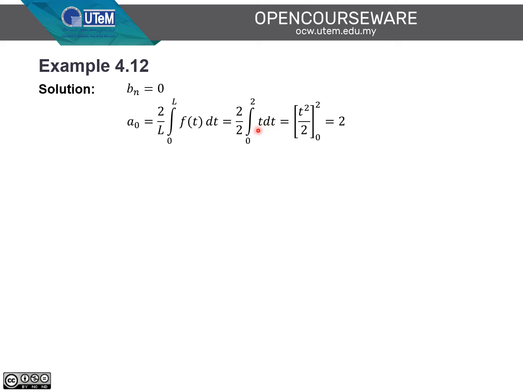Integrating t gives t squared on 2. Substituting the upper limit t equals 2, subtract the substitution of t equals 0 into t squared on 2, we obtain the Fourier coefficient A0 is equal to 2.